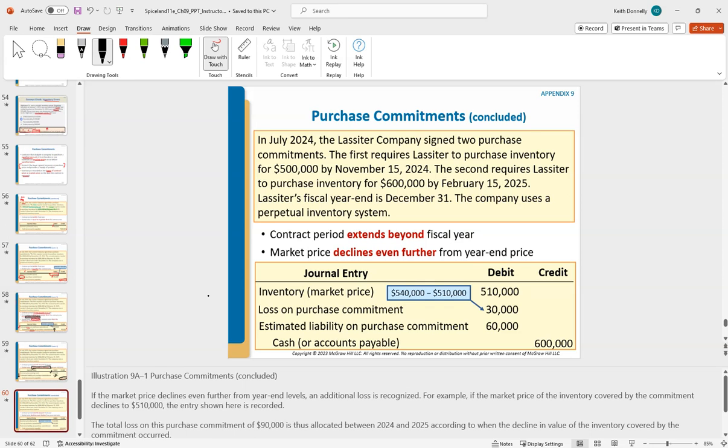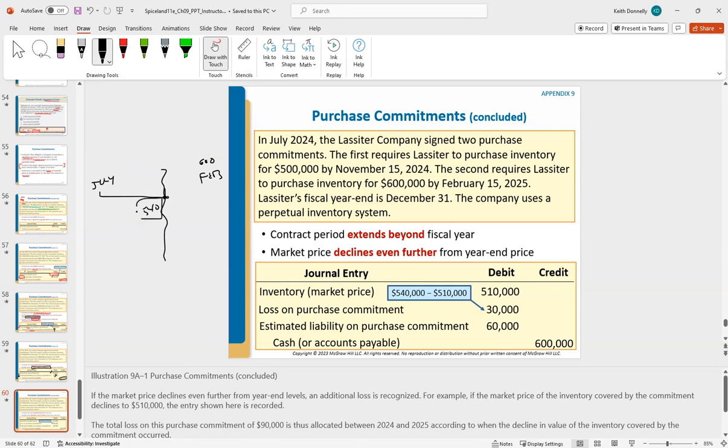What if it declines even further, right? So we had July, we had February over here. Here's our calendar year end. We said it was at 540. We agree to pay 600.